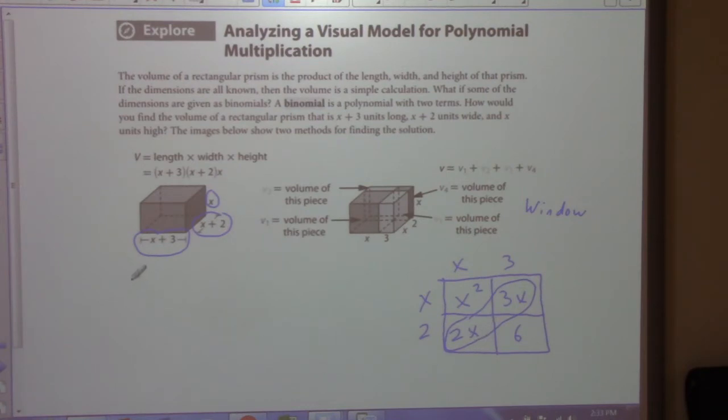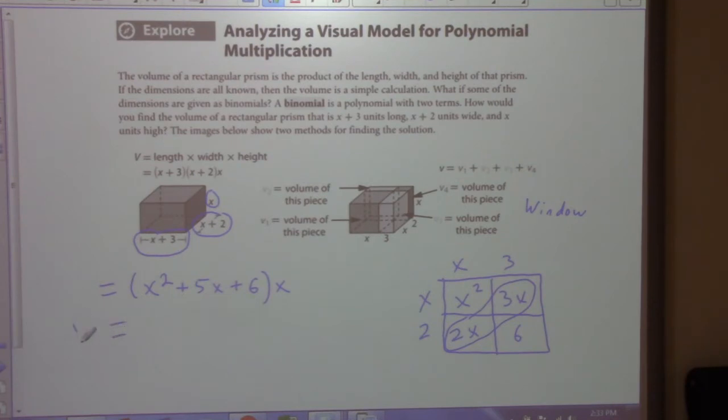And so we can rewrite this volume as, with just length and width multiplied together, x squared, and then we have 2x plus 3x, which is 5x, and then we have plus 6. And then we still have this x outside here.